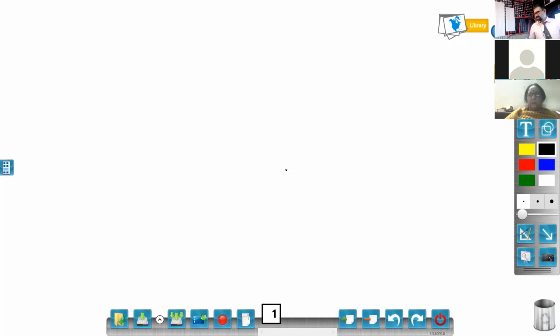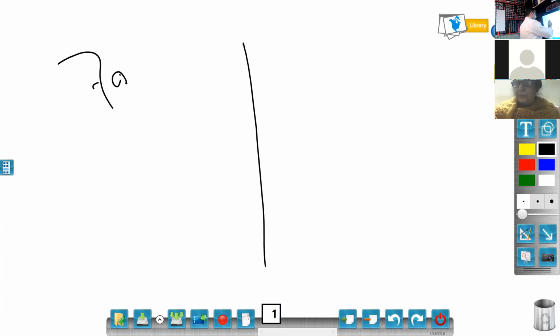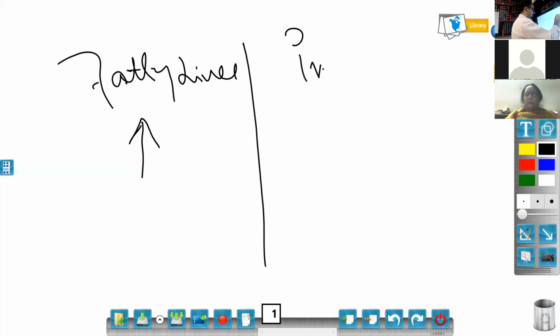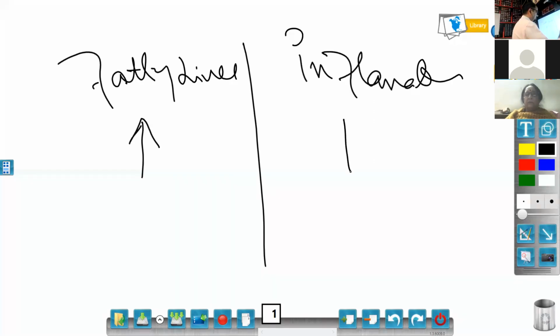What I mean is that whether I am dealing with a fatty liver or I am dealing with an inflamed liver, because in fatty liver, the echogenicity will be increased, whereas in inflammation, the echoes will be on the lower side.